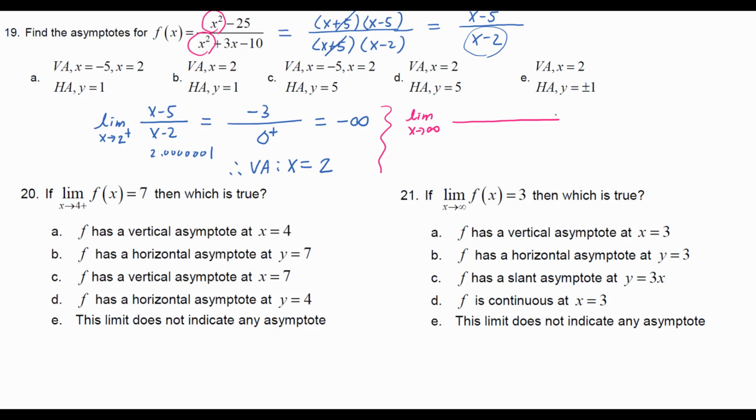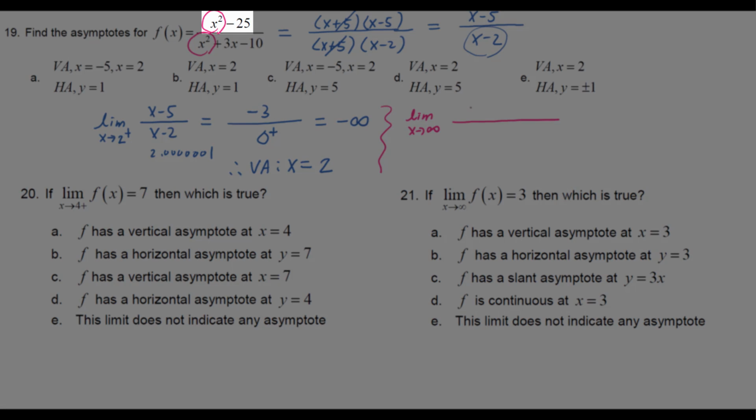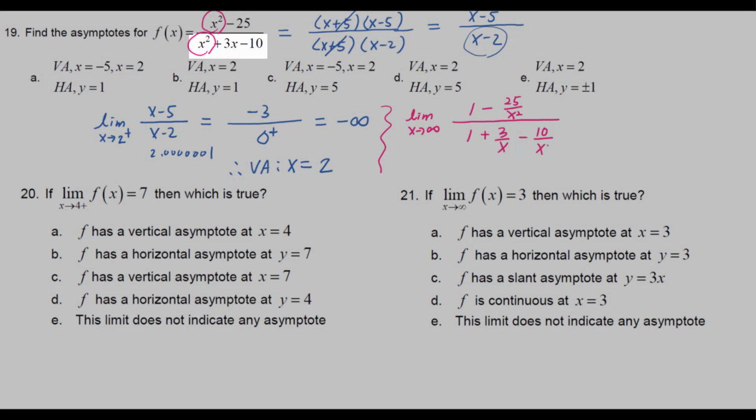The way we do it is we divide the numerator and denominator by the highest power of the variable. So we're going to divide everything by x squared. X squared divided by x squared is 1 minus 25 over x squared, over 1 plus 3 over x minus 10 over x squared.